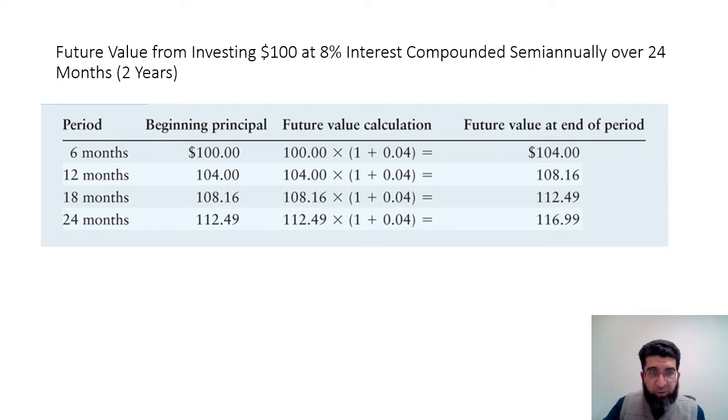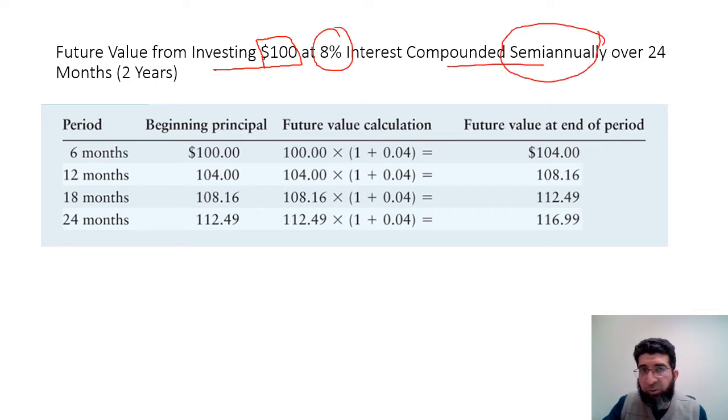So you have the future value from investing $100 at 8% interest compounded semi-annually over 24 months. For 6 months, it will be $104. So you can see that 8% becomes 4%.